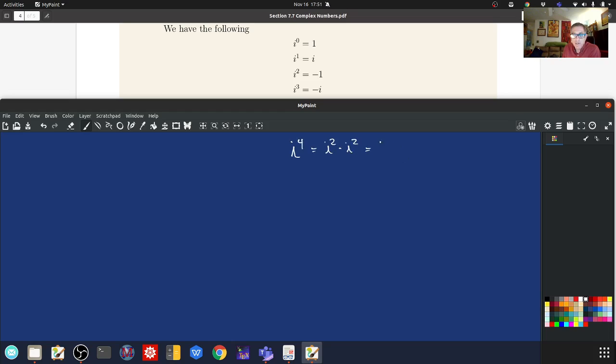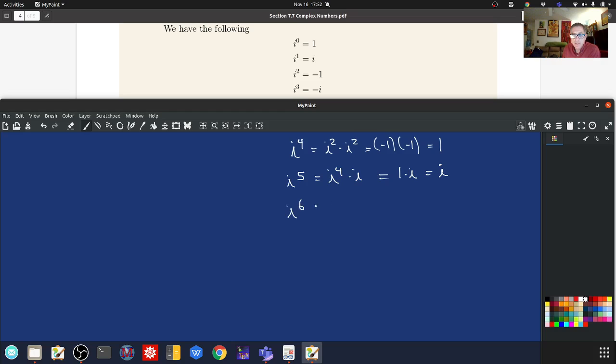But i squared is minus 1. So minus 1 times minus 1 is 1. So i to the 5th is equal to i to the 4th times i. But I just found out that i to the 4th is 1. So that's 1 times i. So that's just equal to i.